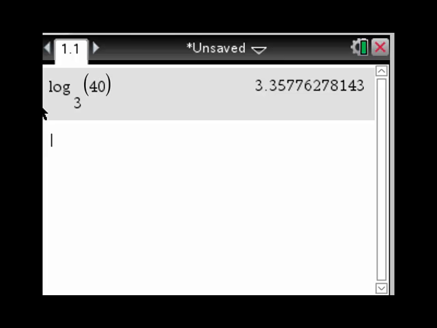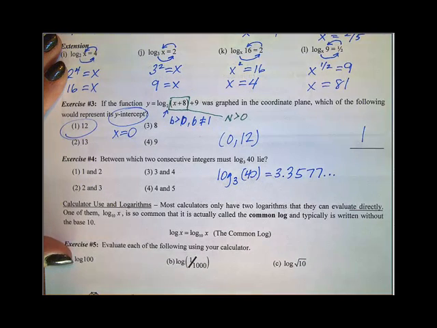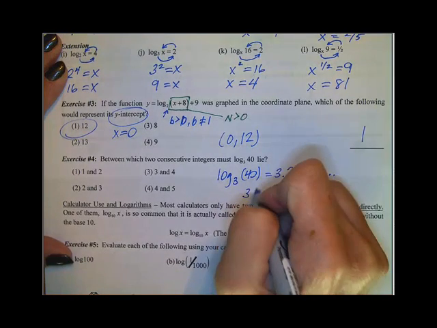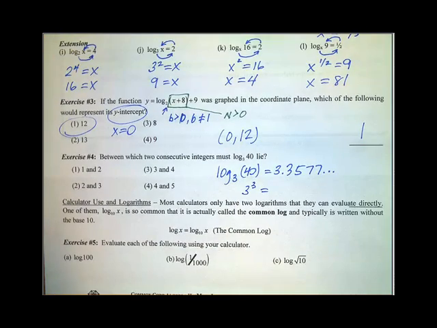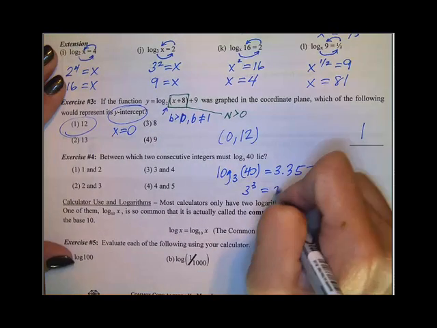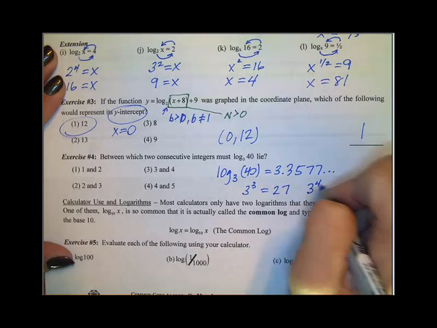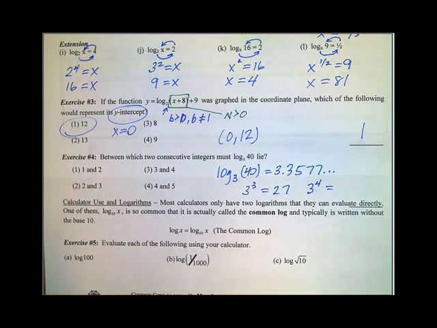So log base 3 of 40 equals 3.3577, and I'm going to put ... Now let's think about this. What does 3 to the third equal? 3 times 3 is 9, times 3 is 27. What does 3 to the fourth equal? 3 times 3 is 9, times 3 is 27, times 3 is 81.